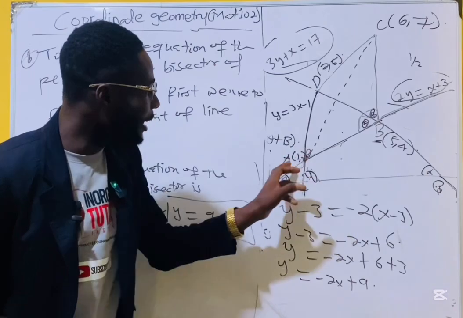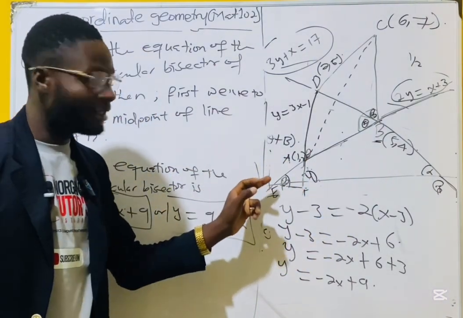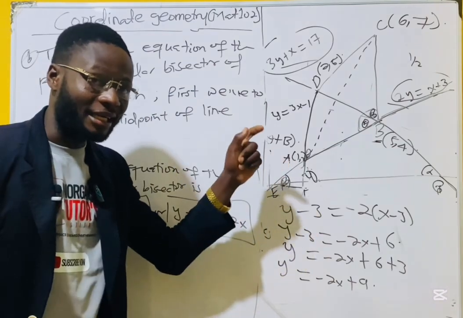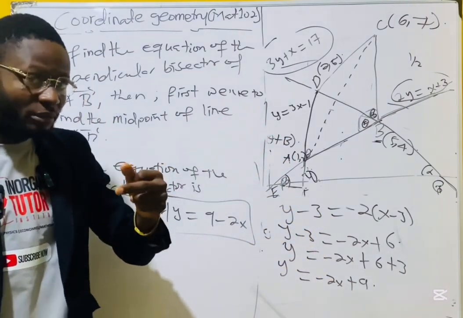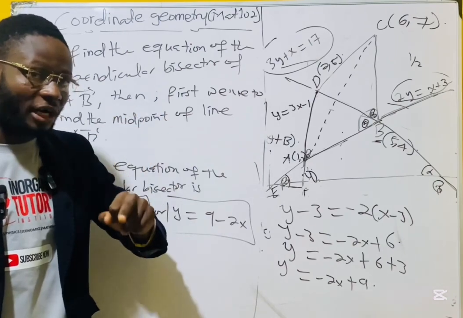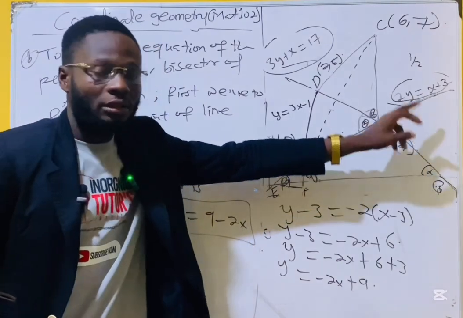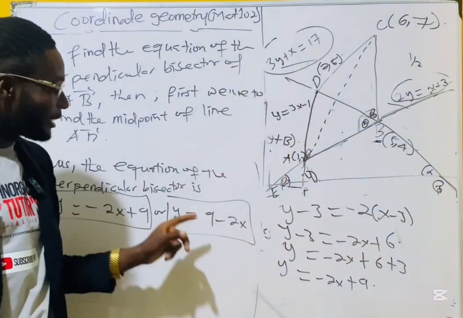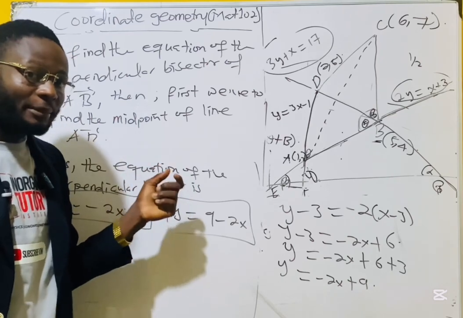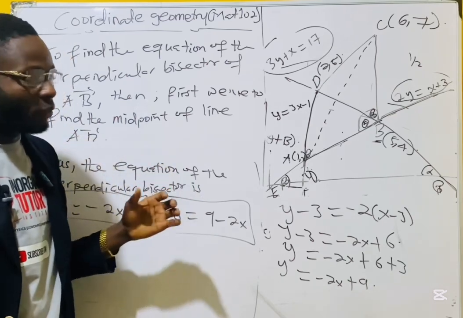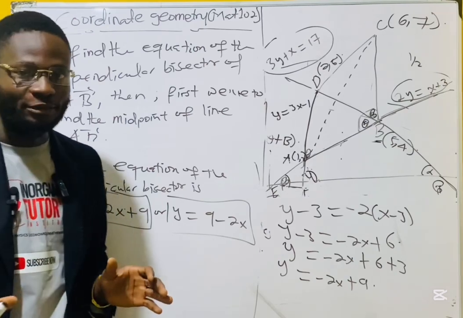So right, so that's why they are saying the equation of the perpendicular bisector, right? Meaning that it is making an angle of 90 degrees. So if it is that, then it means that the gradient is going to be negative reciprocal of what? The original gradient. And that is going to be negative 1 over what? Half. And that is negative 2. So we use that gradient and the midpoint of line AB to find what? The equation of the perpendicular bisector. Okay, that is very simple.